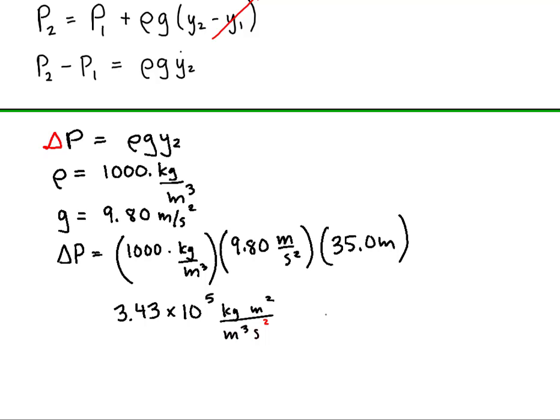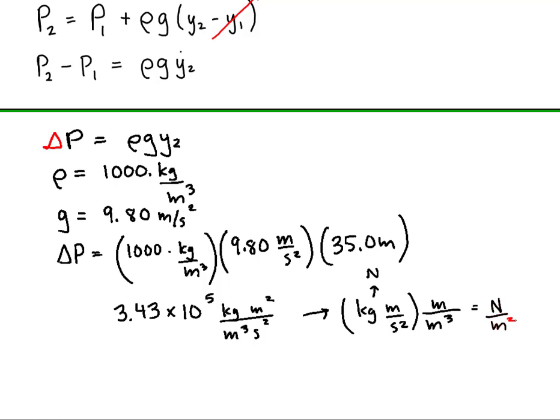Okay, so let's recognize something here. I know a kilogram meter per second squared is a Newton. And so what do I have here? I have a kilogram, I have a meter in the numerator, I'm left with a meter cubed in the denominator. So when I'm looking at my units, this is a Newton per meter squared.